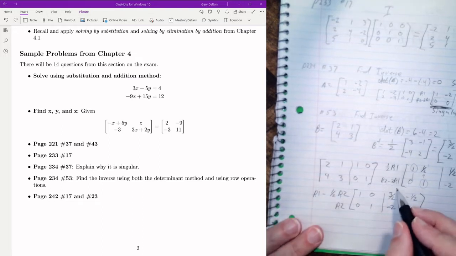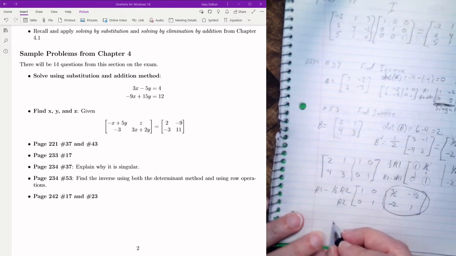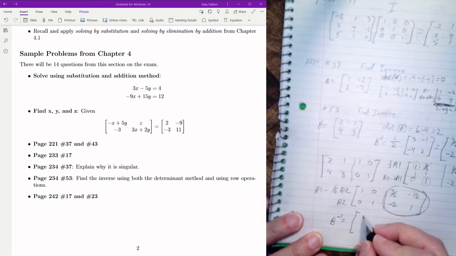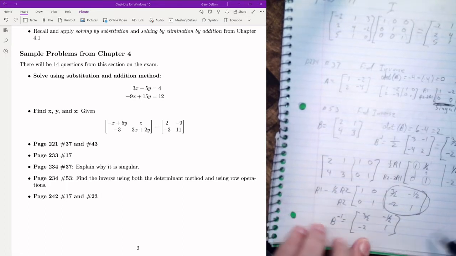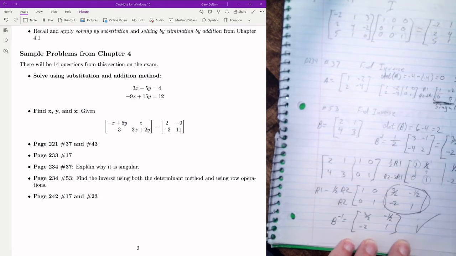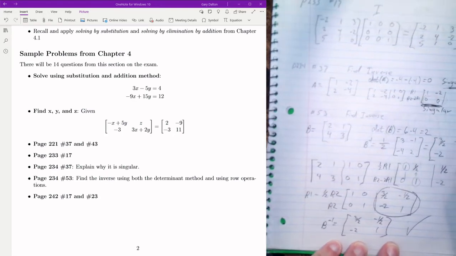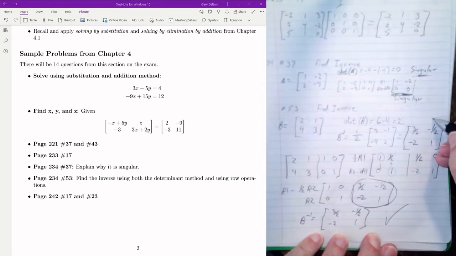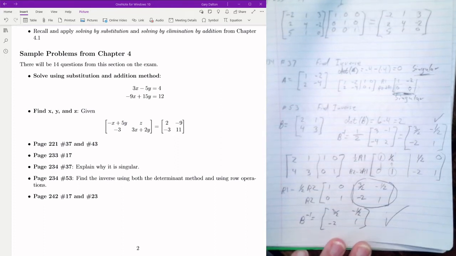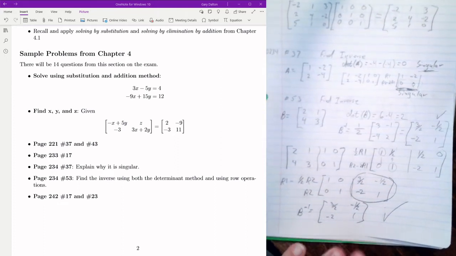And that tells us this is our inverse, so B inverse equals 3/2, minus 2, minus 1/2, and 1. We'll notice that this is equal to this. So we do have the correct results here.